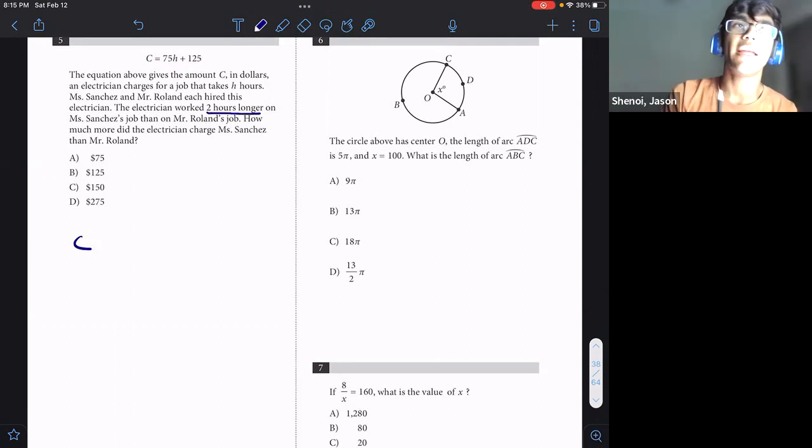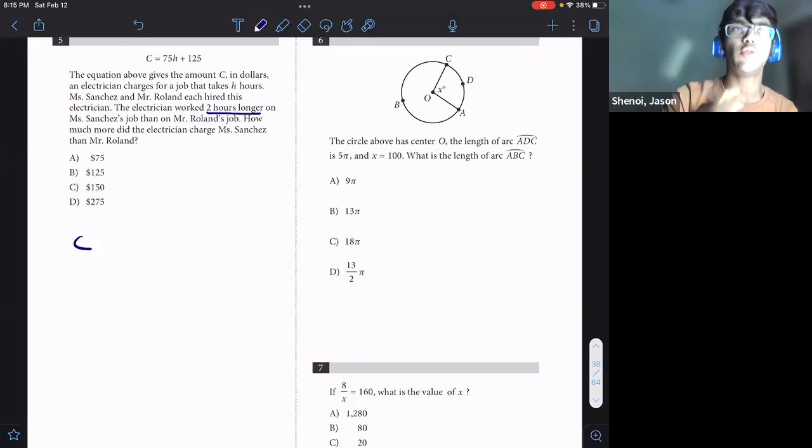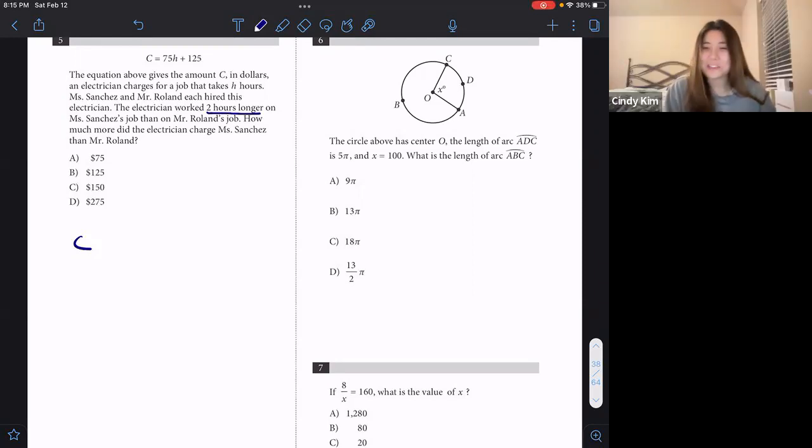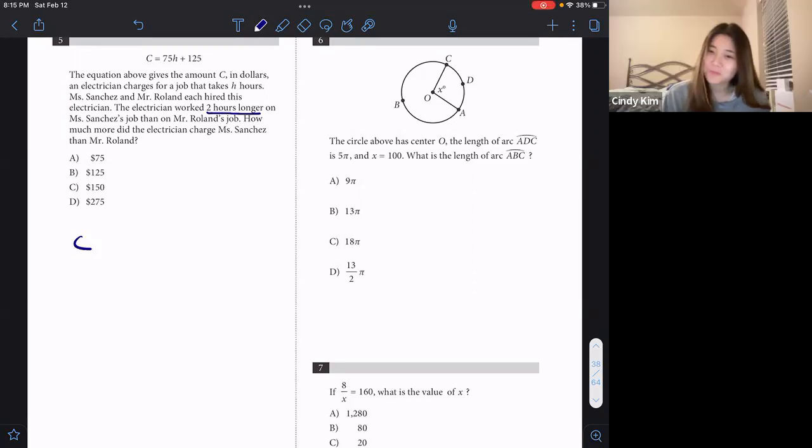So in terms of money, if you think about this, you have a job, right? You had a job. In your job, did you get paid hourly? I think so.